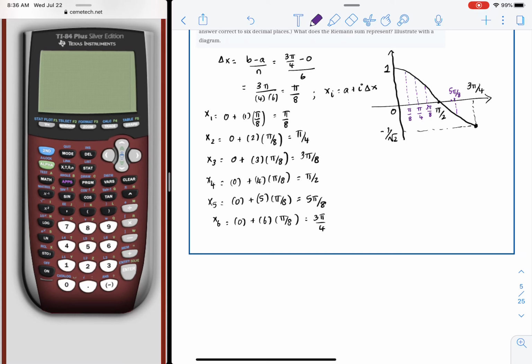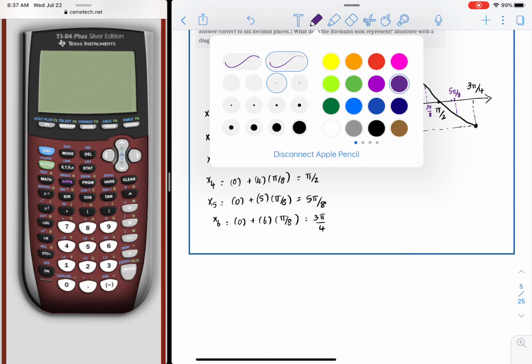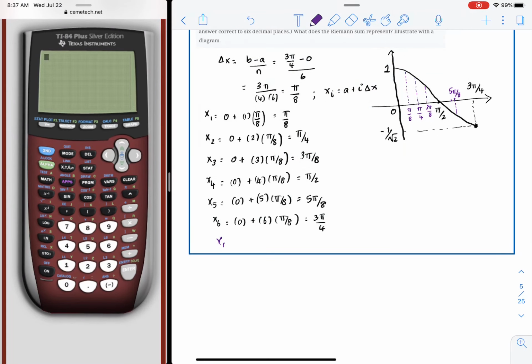Now, they want us to start from the left-hand side, the left endpoint. We could have started at x0, and we could start from the value x0 and go from there. So let me put another point here, because I see that we could have another rectangle. So x0 would be 0, which is the starting point.